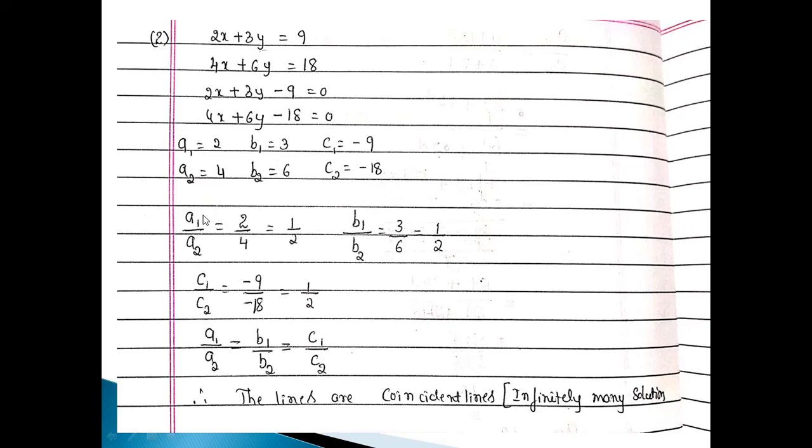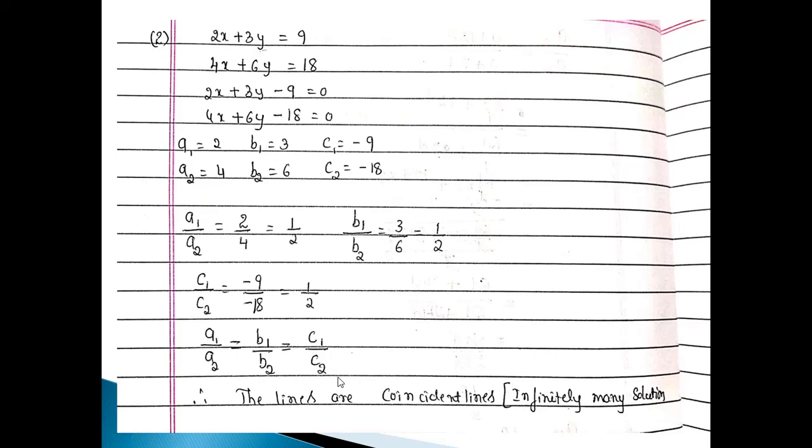Okay. Then A1 by A2, that is 2 by 4, simplify this one, A1 by A2 is 1 by 2. B1 by B2, 3 by 6, simplify this one, 1 by 2. And C1 by C2 is minus 9 by minus 18, minus by minus is also plus, that is 1 by 2. That means what? A1 by A2 is equal to B1 by B2 is equal to C1 by C2.